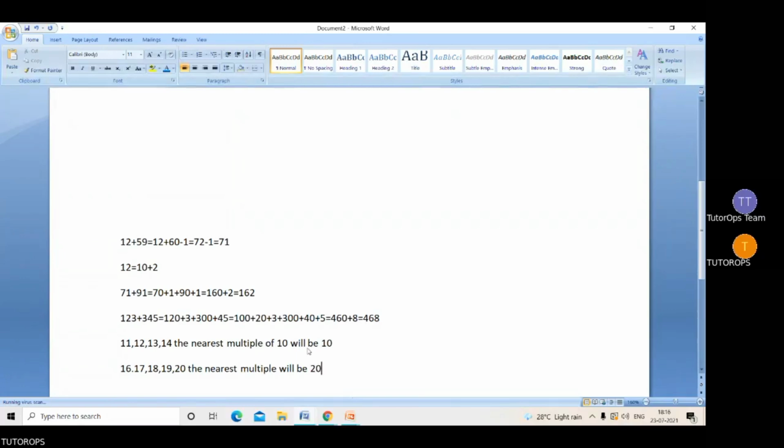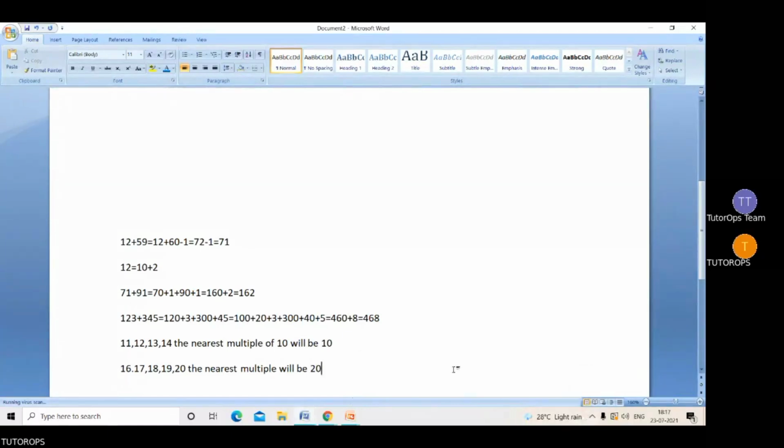Similarly, before 25, we may take the numbers as 21, 22, 23, 24, and the nearest will be 20. And for 26, 27, 28, 29, and 30, the nearest number will be 30. In this way, we may calculate the nearest number for the completing of whole method, and we may apply this to form a quick method of addition.